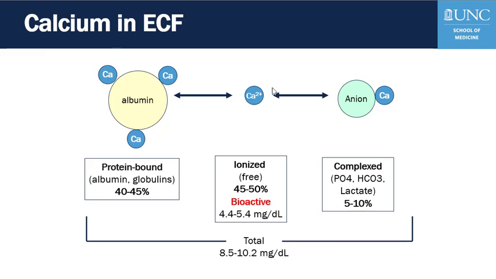And then finally, in the middle is ionized or free calcium. It's the bioactive form of calcium, and it represents about 45 to 50% of all the calcium in the ECF. The normal values for ionized calcium are shown here, and as you might expect, this normal range is about half the total normal range for serum calcium.